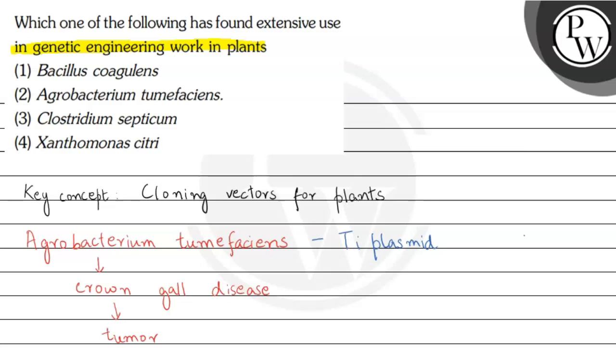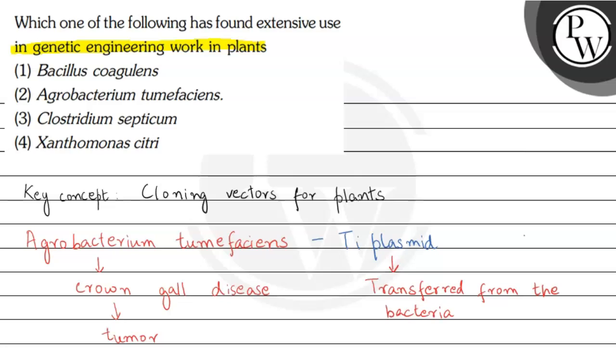Now, Ti plasmid is used as the most common cloning vector for plants. Now, this is because of the natural capability of Ti plasmid to be transferred from the bacteria to the plant cells.